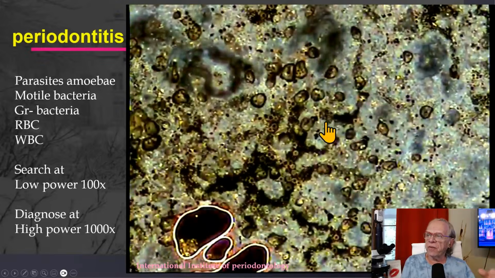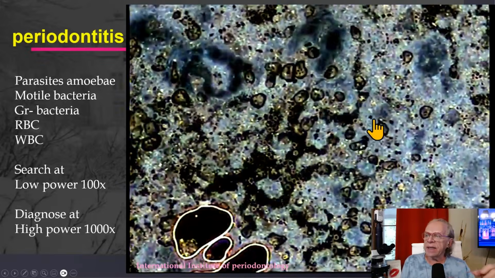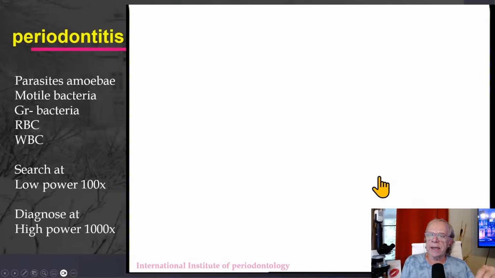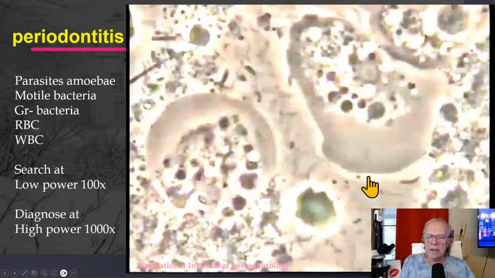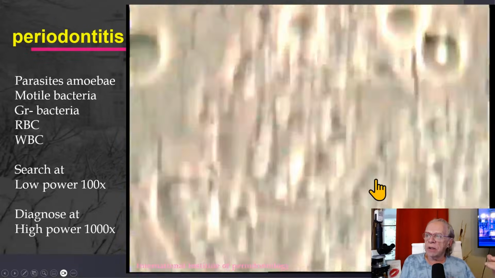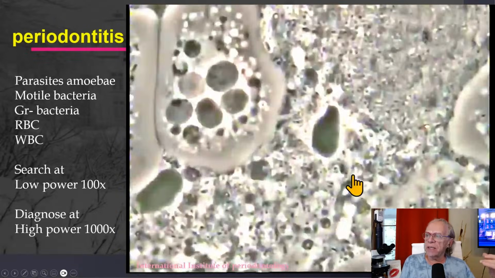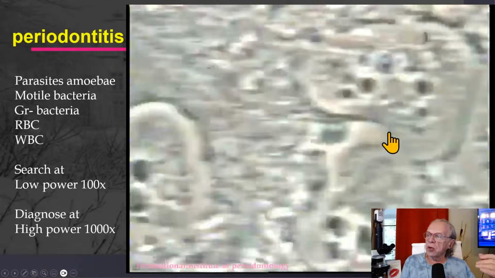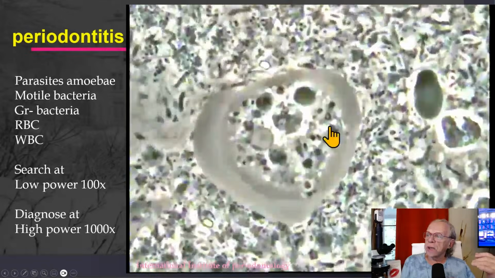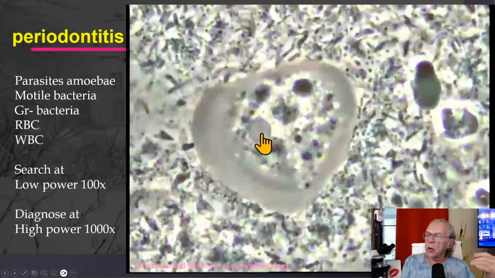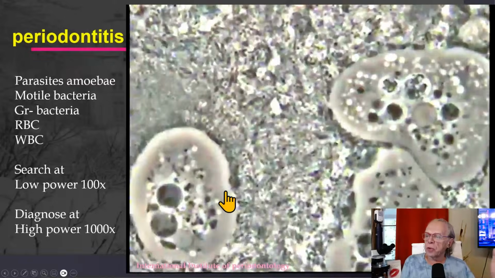So when you find this nest, you see all the parasites here. You go to diagnostic with 1000. So there you see the parasite. You clearly see the nucleus with karyosome in the center and chromatin around, and the pseudopod.